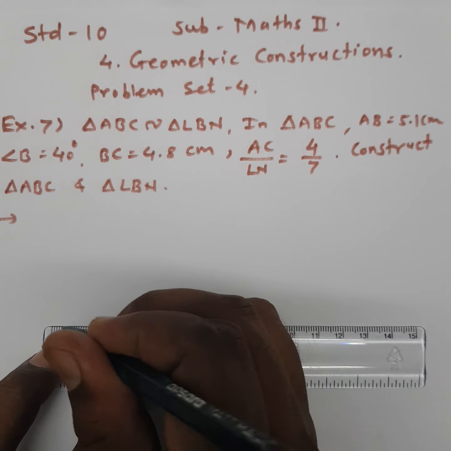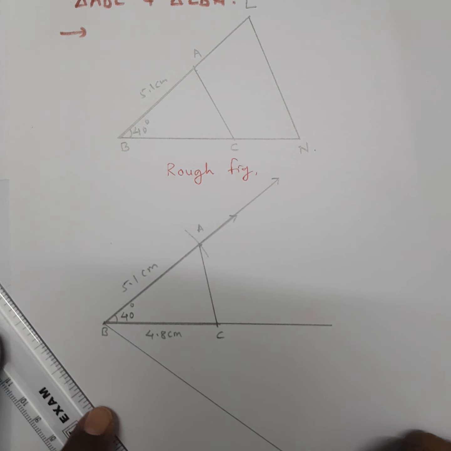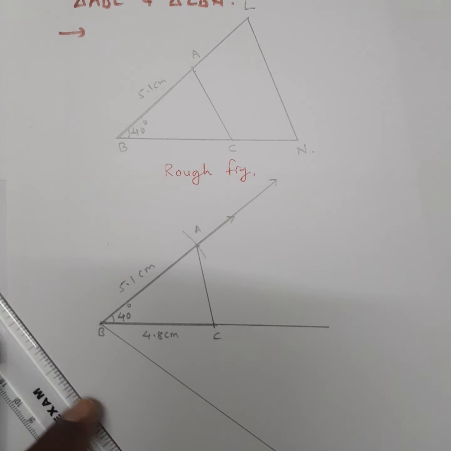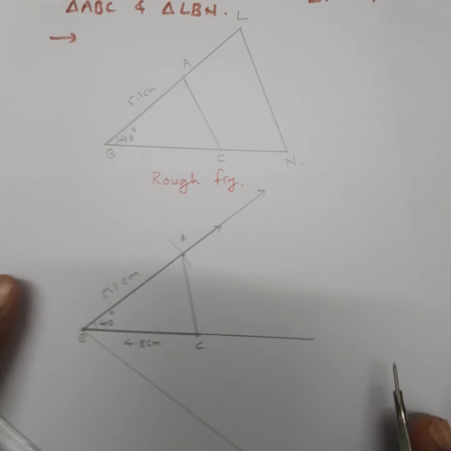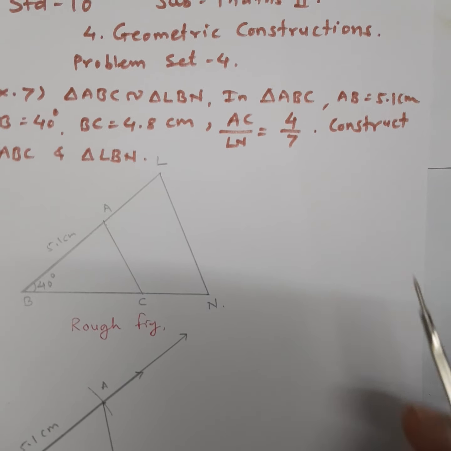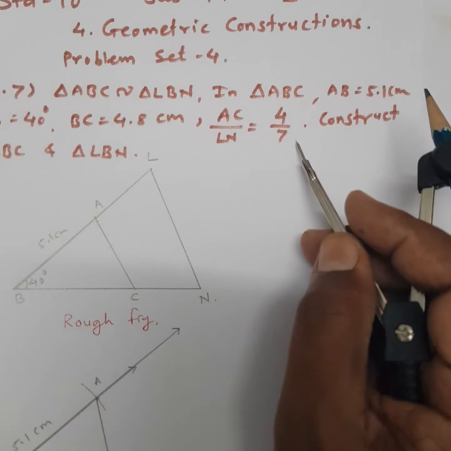Now we have to take one acute angle through point B. Now the larger number in the proportion is 7, 4:7.